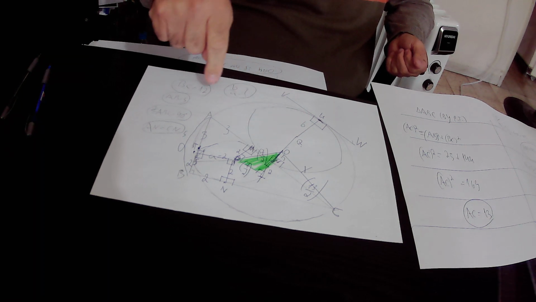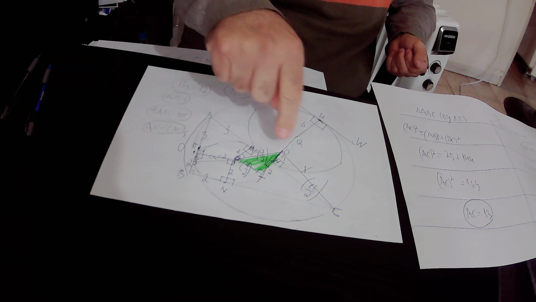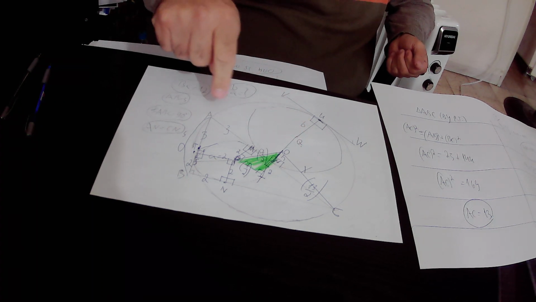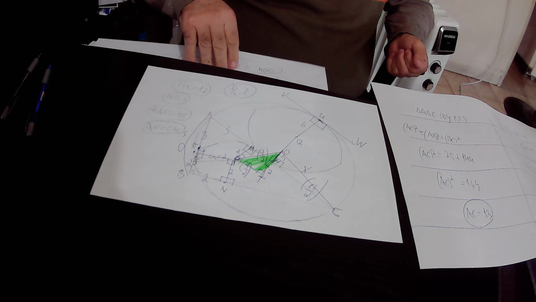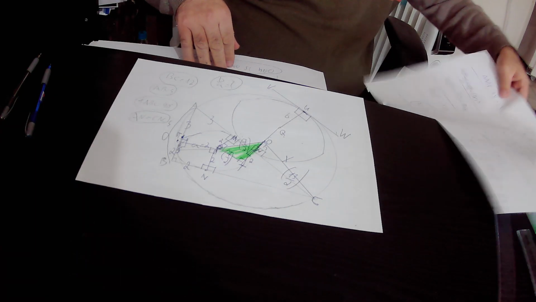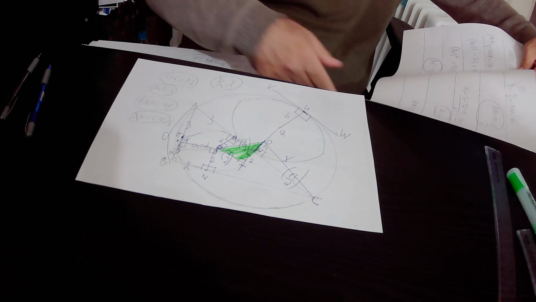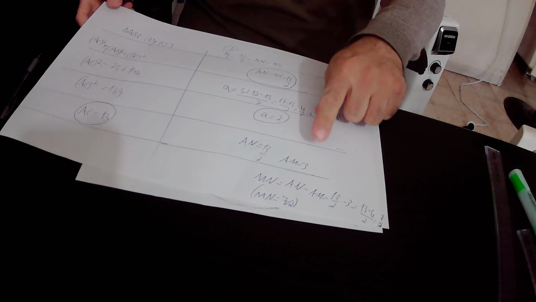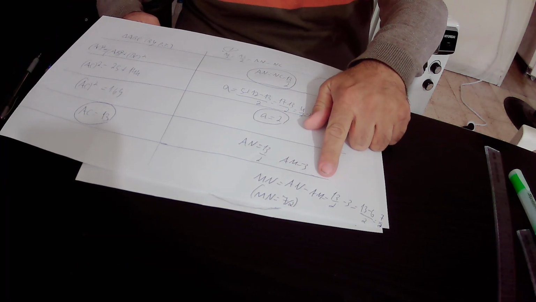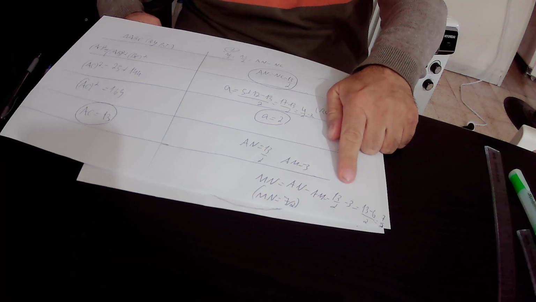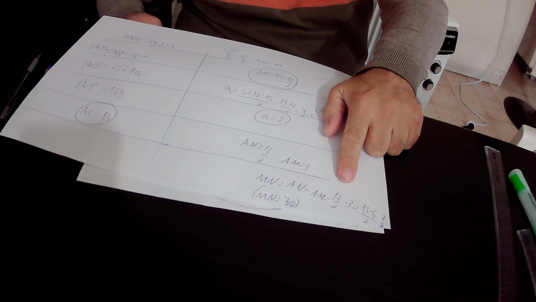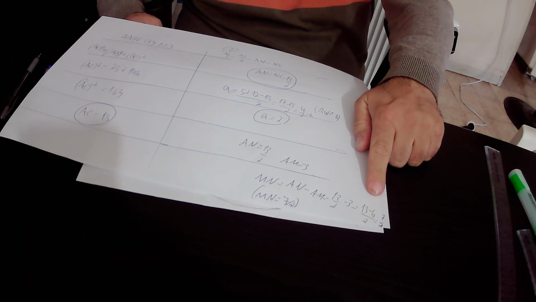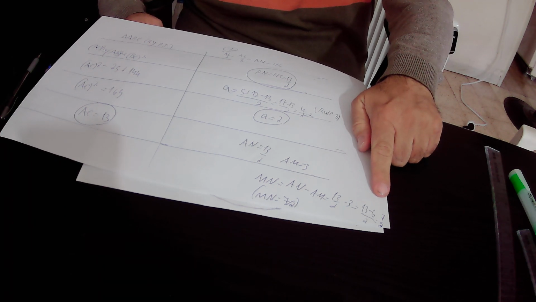AM equals 3. AN minus AM equals MN. AN is 13 over 2, AM is 3. So MN equals AN minus AM, which is 13 over 2 minus 3. 13 over 2 minus 3 is 13 minus 6 over 2. 13 minus 6 is 7, so in total this expression equals 7 over 2.